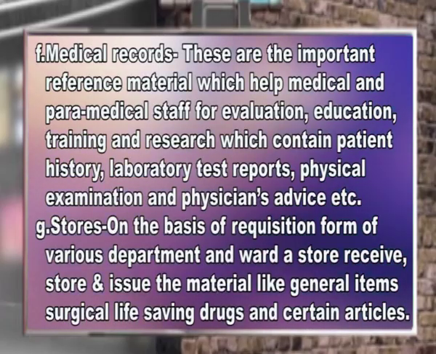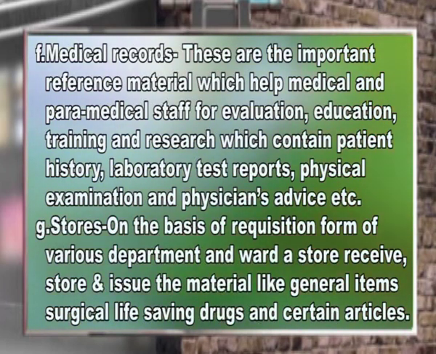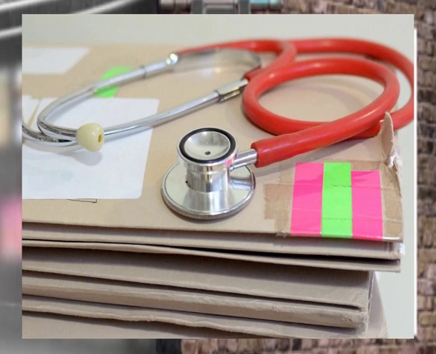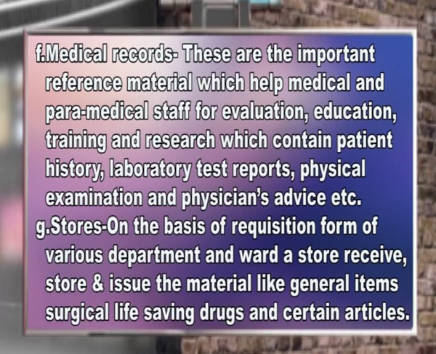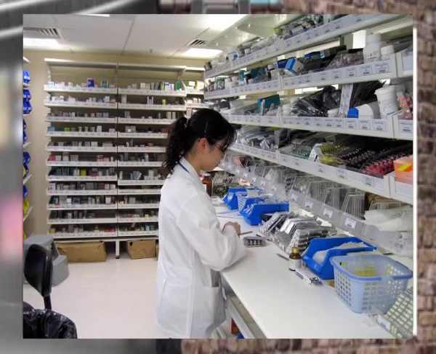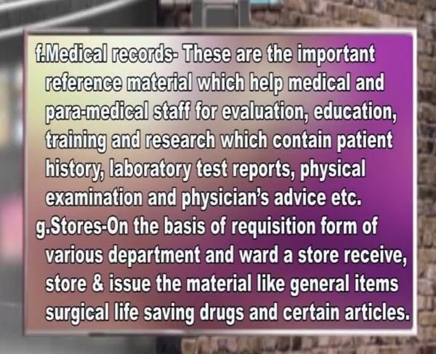These are important reference material which help medical and paramedical staff for evaluation, education, training and research, and contain patient history, laboratory test reports, physical examination and physician's advice, etc. Next is stores. On the basis of requisition from the various departments and wards, a store receives, stores and issues materials like journal items, surgical and life-saving drugs and certain articles.